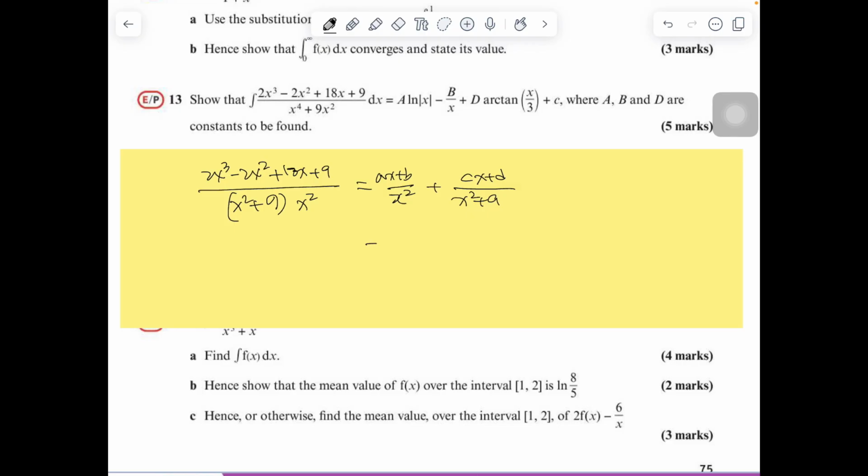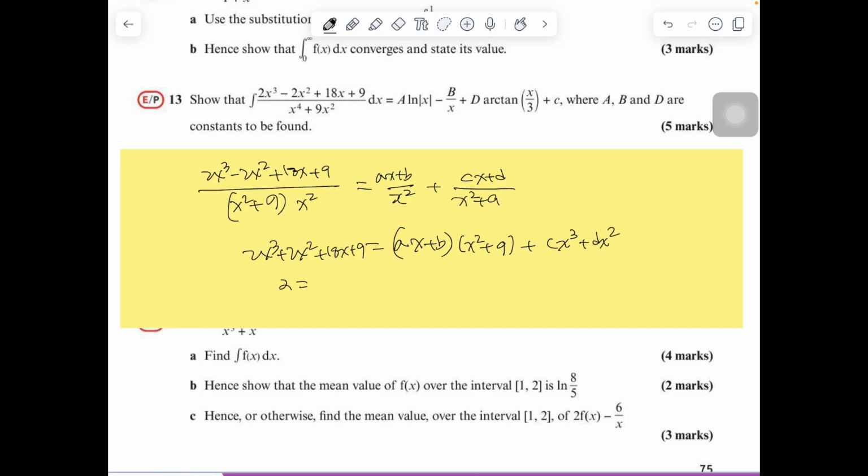So now, 2x cubed plus 2x squared plus 18x plus 9 becomes (ax plus b) times (x squared plus 9) plus (cx plus d) times x squared.